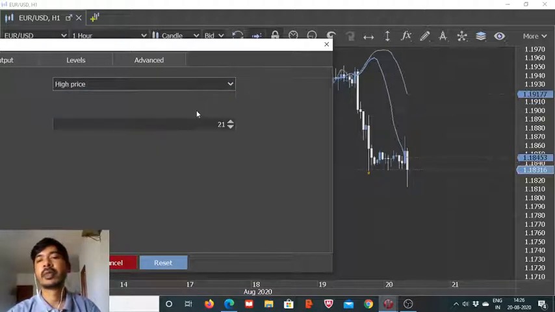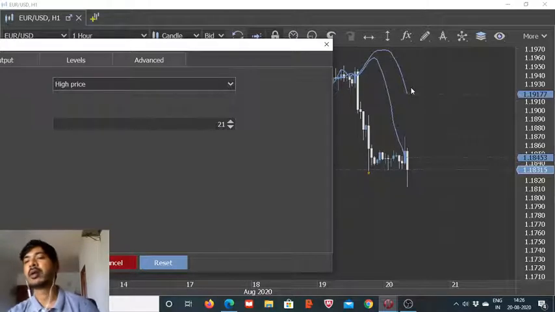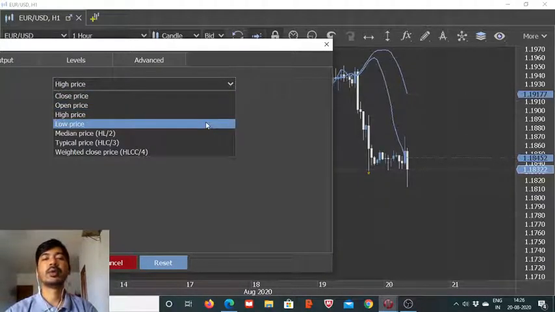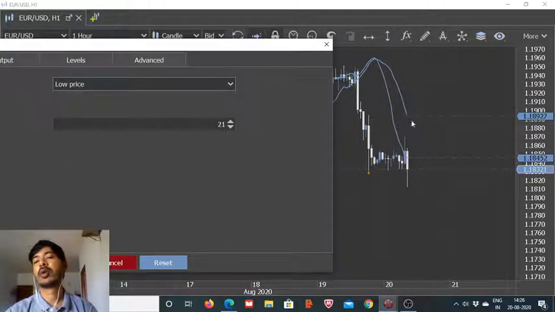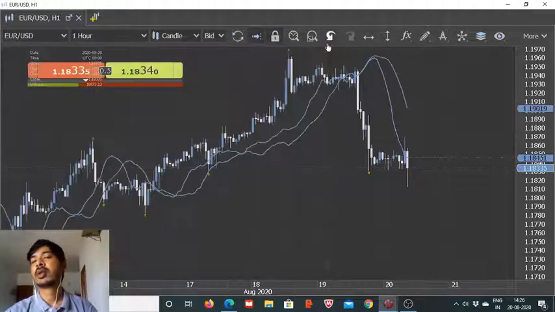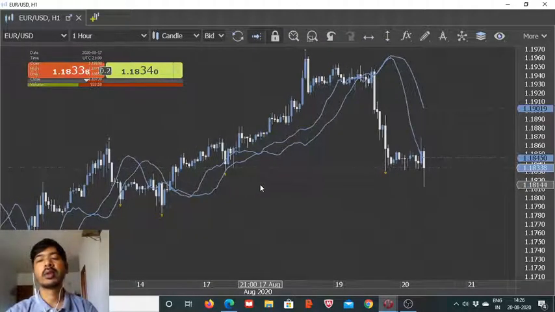Here, as you can see, the linear regression intercept has moved higher from the prior level. If we use low, it has gone a lot lower. So this way we have to see what is the... I think it has been mistakenly removed. Okay, no, it is there.